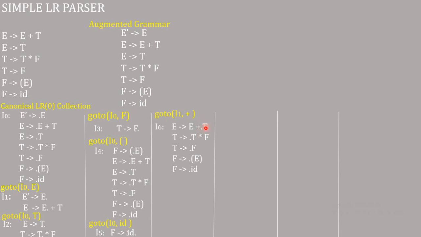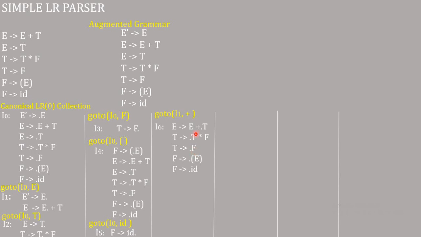Here it is T, so we include the productions of T: T tends to T star F and T tends to F. Whenever you include them, you put the dot symbol on the left side: T tends to dot T star F and T tends to dot F.